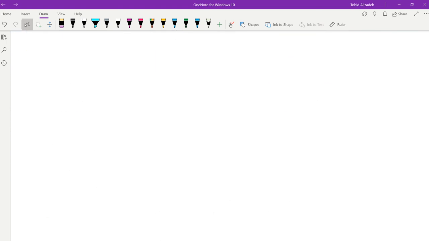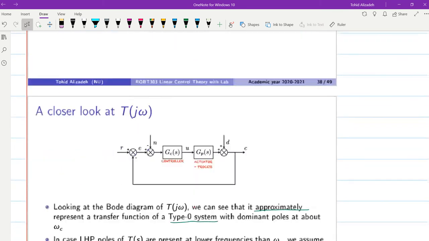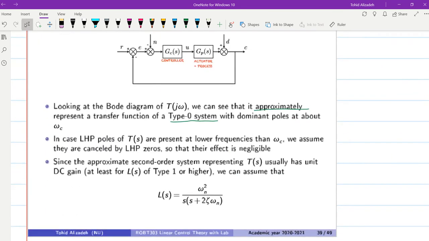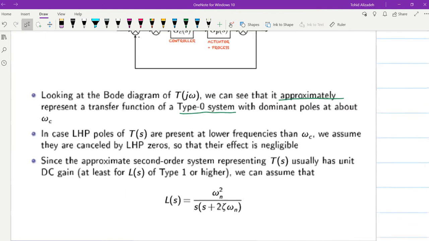Okay, so let's go back to the slide from where we were left. So we can think that the closed loop system is representing a type 0 system with dominant poles at about omega c.